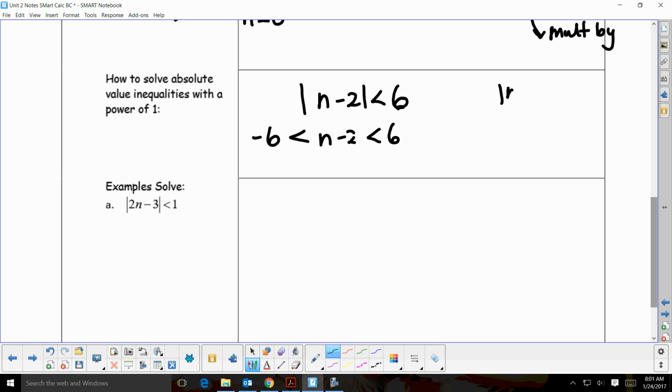Now be careful, because if I had this, that's a great or, we're going to see an or statement. So again, we're going to drop the absolute value bars, and we have this, or we drop, we switch, and negate. Do you kind of remember this from Algebra 1 and Algebra 2? So you have a less and, a great or.